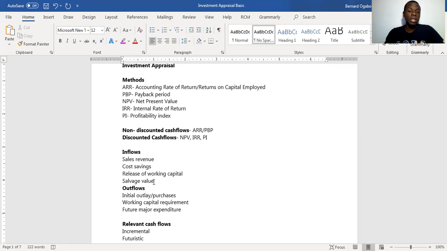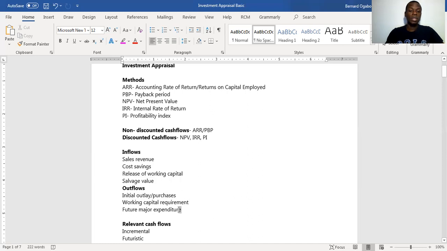I will sell it to another person who is willing to use it. The income I'm going to generate from selling the machine is the salvage value. Cash outflow is the initial amount of capital that I'm investing to buy the asset or to get into a new line of business. Working capital, as I've explained before, what I'm investing in working capital at the beginning of the project is cash outflow.